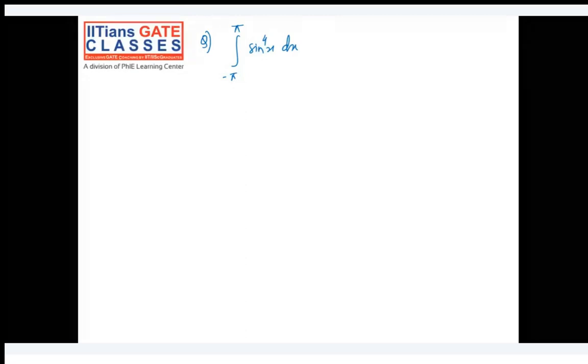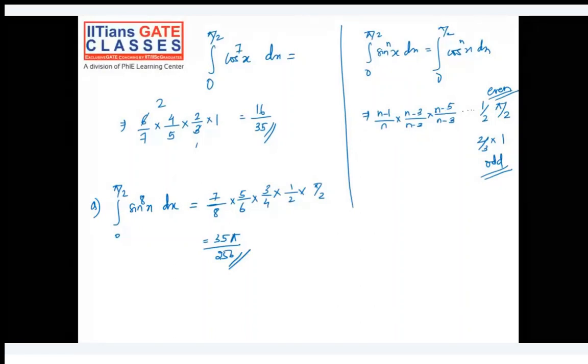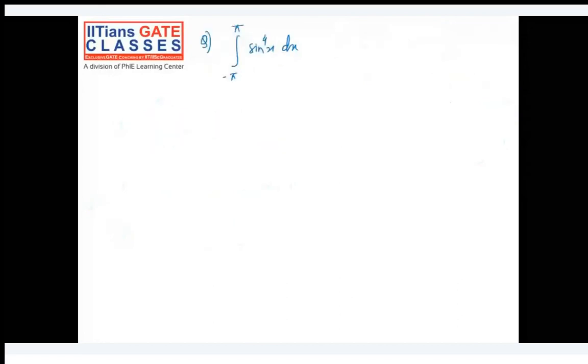First of all, you have to check odd or even, because the formula is applicable for the 0 to pi by 2 limit, which I have given you in the previous slide. And we have the limit minus pi to pi. Whenever we have opposite limits, you have to check whether the function is even or odd.